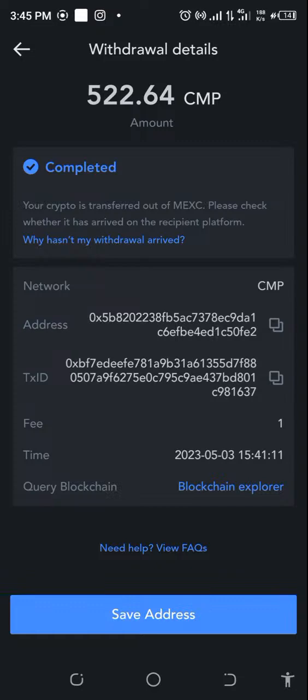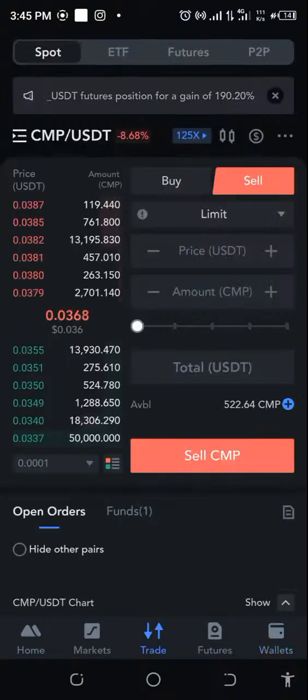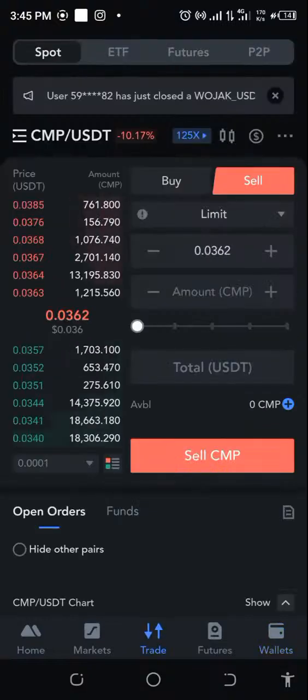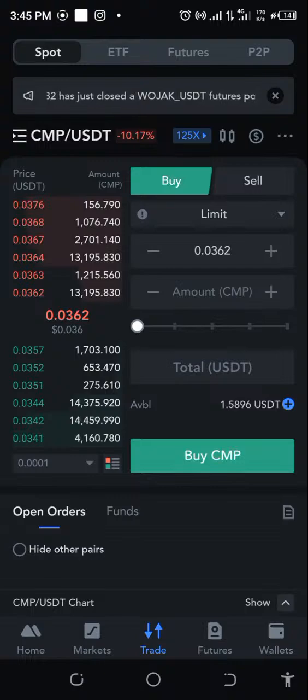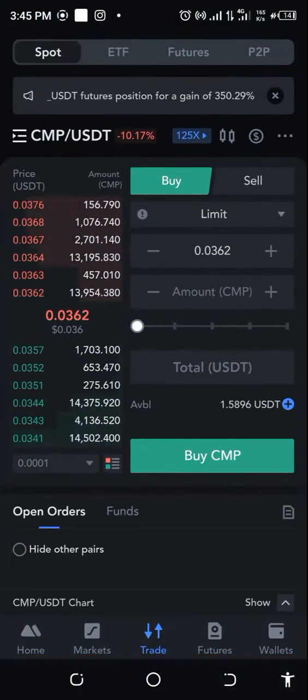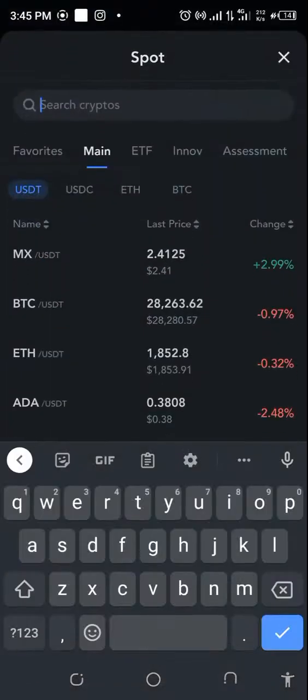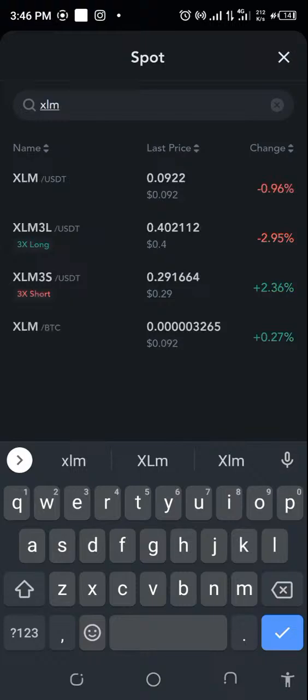All right, let's see how long this is going to take. So let's go over and see what we're going to do with the remaining 1.58 USDT. Well, it's either of two things. Either I just leave this here, or I try to change it to XLM. Let me see whether it would allow me to change this to XLM.